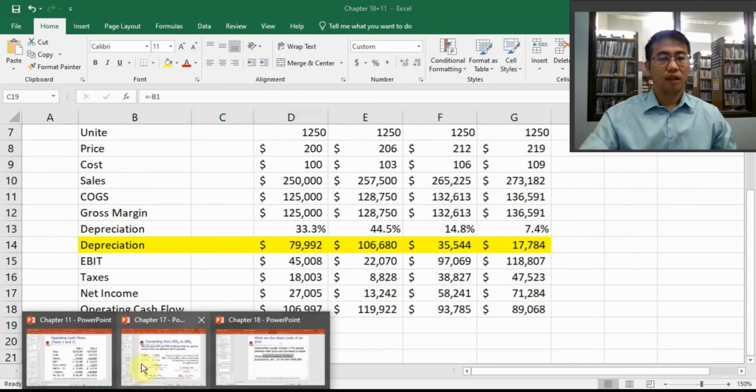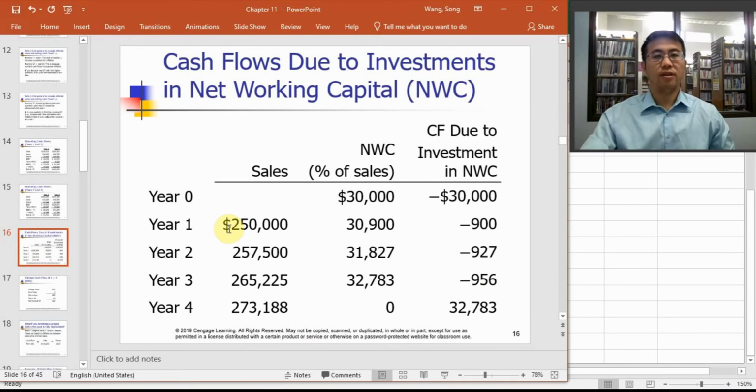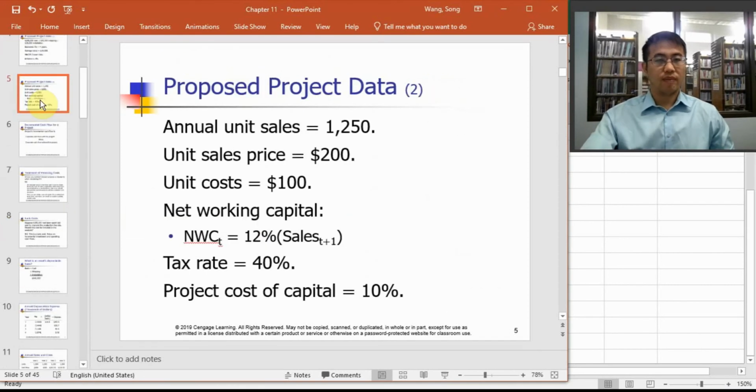Okay. All right, and here we have another important component. It's called a change in net working capital. Well, net working capital is always a percentage of the sales. The net working capital is 12% of the sales in the next year. You see, this is net working capital at year T. This is the sales at T plus 1.